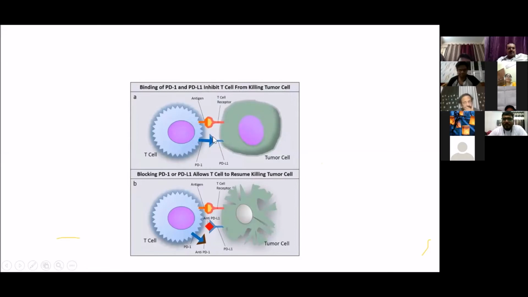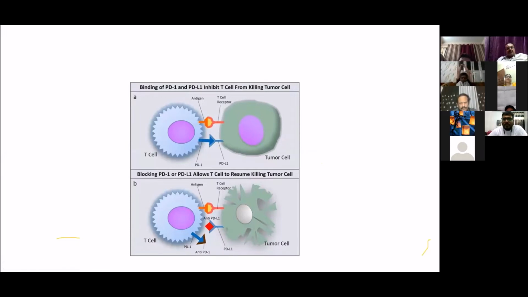So for the T cell to kill the cancer cell, this interaction should not take place. It inhibits the killing of the tumor cell by the T cell. So now we have inhibitors which inhibit the PD1, that is pembrolizumab and nivolumab, and PDL1, atezolizumab.